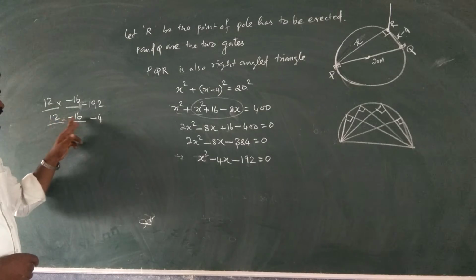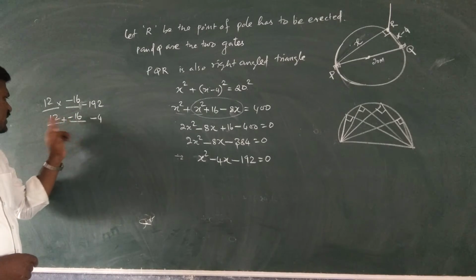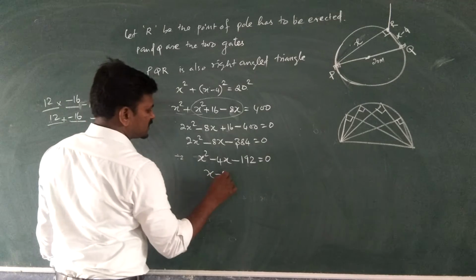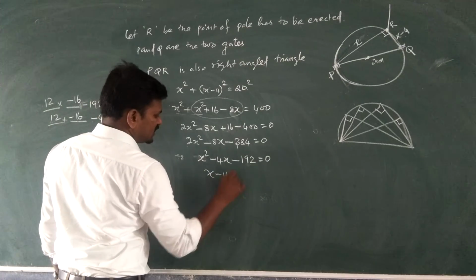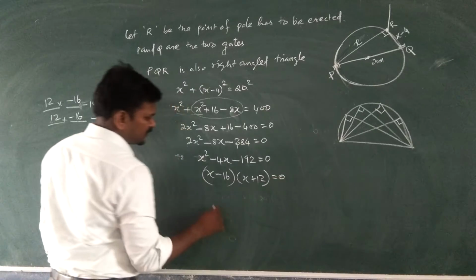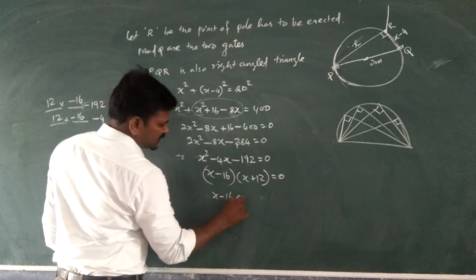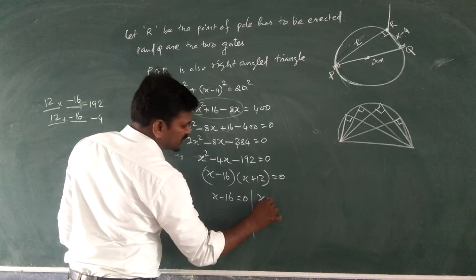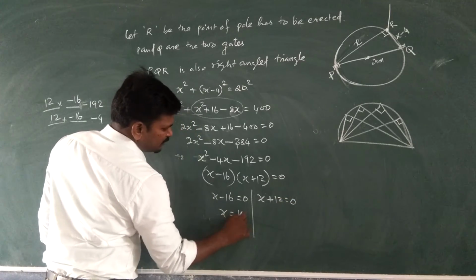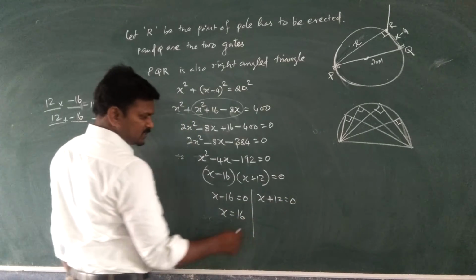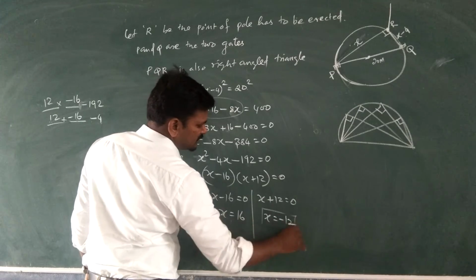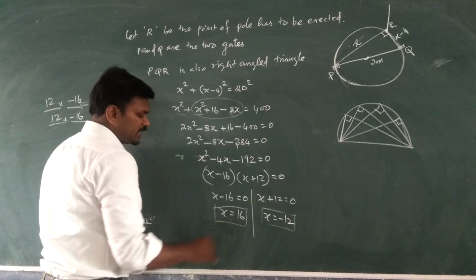Symbols are different, so subtract: 16 minus 12 is 4, and the big number's symbol is minus. So (x minus 16)(x plus 12) is equal to 0. So x minus 16 must be 0 or x plus 12 must be 0. x is equal to plus 16, and x is equal to minus 12.